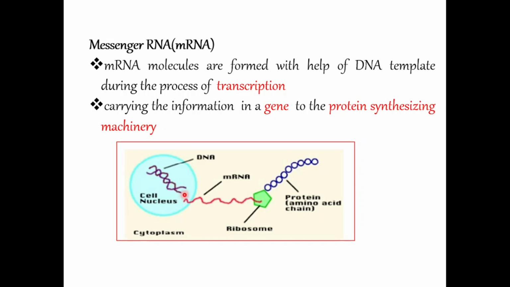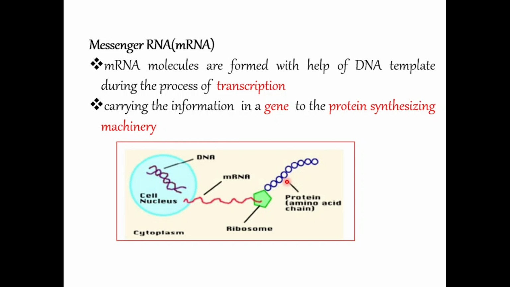Once pre-messenger RNA is formed, it could be processed with the help of regulatory RNA. After that, it moves to the cytoplasm, where the protein synthesizing machinery is found, particularly the ribosome. Here on the ribosome, protein synthesis is carried out.